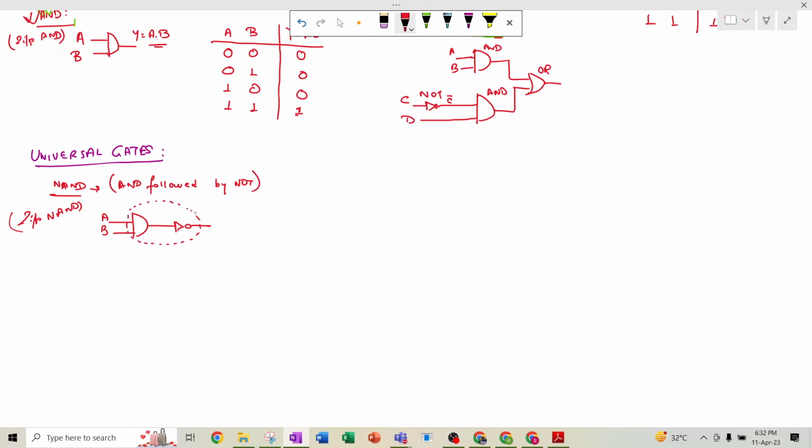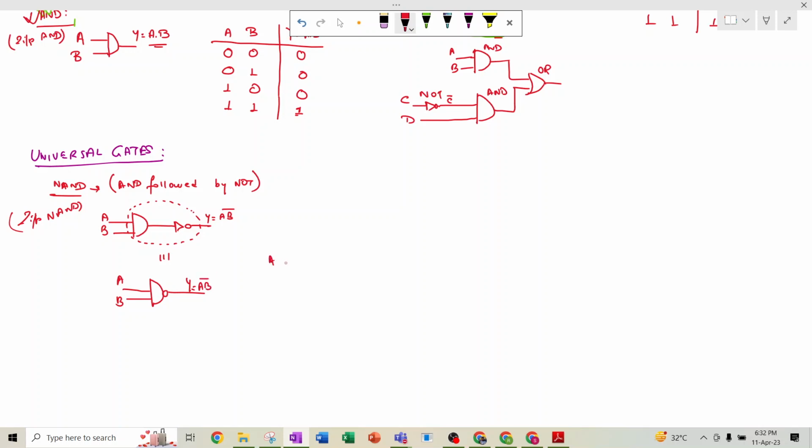This can be represented as AB bar. This can be represented by this symbol: we take the bubble just after the AND gate, so it becomes the NAND symbol. So y equal to AB bar.